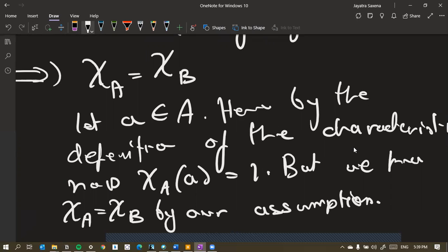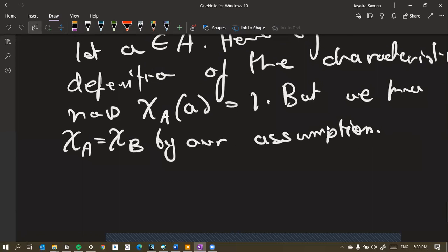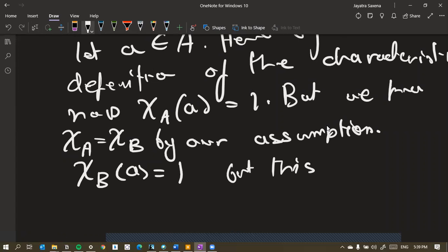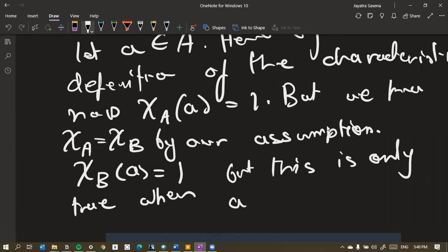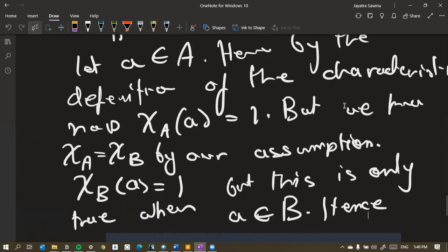Now, what does this mean? This means that X_B of a is equal to 1 as well. But this is only true when a belongs to B. Hence, notice again, what have we started with?